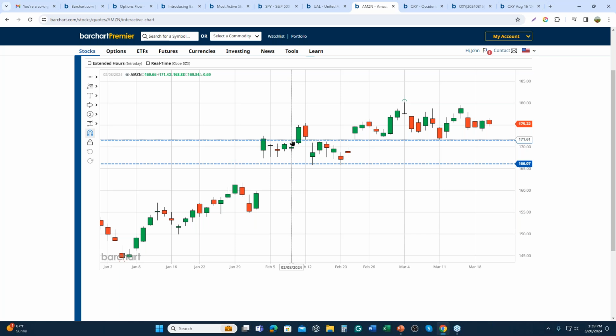Again, our market maker, every time Amazon dips, might need to buy more shares to continue to stay delta neutral.